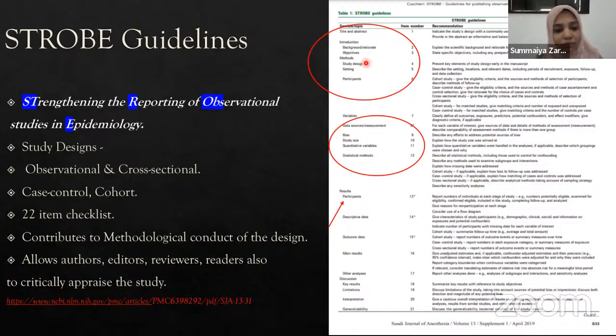So why not use it beforehand? And these STROBE guidelines, the full form is Strengthening the Reporting of Observational Studies in Epidemiology.